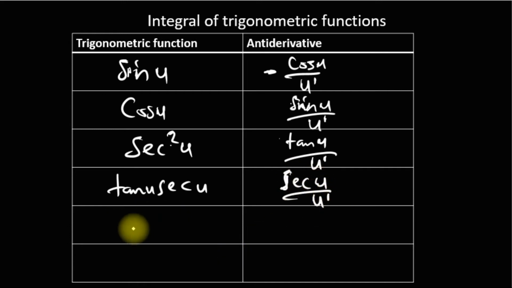The same way, if you integrate cosec squared u, it is now minus cot u over u prime.